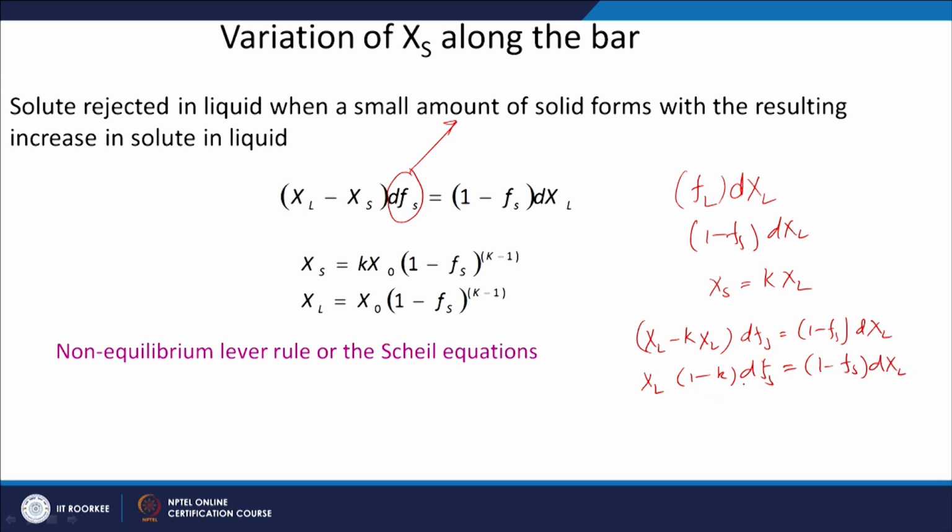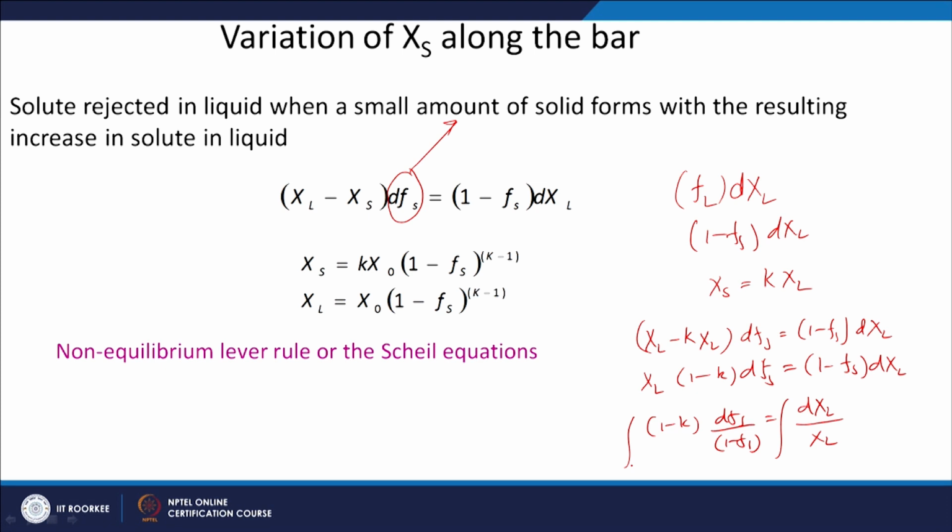And I can do another rearrangement here. So, it will be 1 minus K dFs upon 1 minus Fs is equal to dxl upon xl.